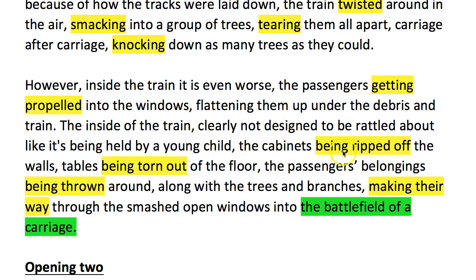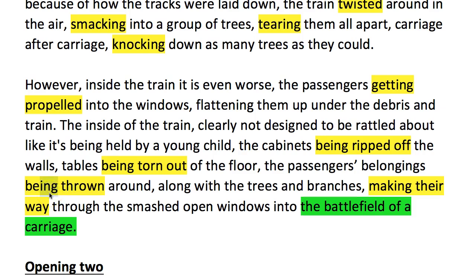So I've highlighted the verbs here in yellow: getting propelled, being ripped off, being torn out, being thrown around, making their way. You'll notice that he's using this participle, the ing, and that means the verb doesn't finish. And because the verb doesn't finish, all these things appear to be happening at the same time, and therefore it's not going to turn into a story.